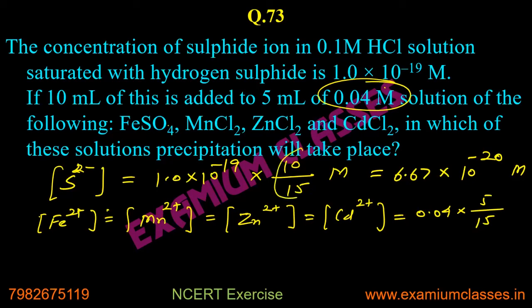As we did here 10 by 15, its volume was 10, total volume became 15. Earlier the volume was 5 ml, but new volume is 15. So same approach. The molarity of these ions will also decrease. So 0.04 into 5 by 15, that is 0.04 by 3.